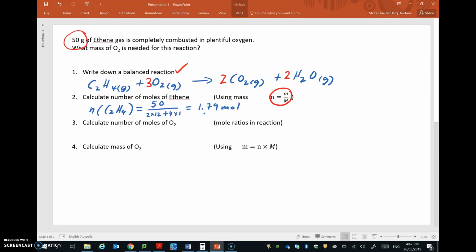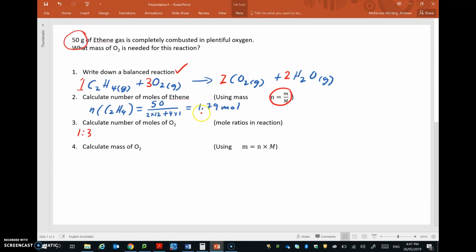Okay, so we've got the number of moles of ethene. What we're interested in though is oxygen. So we're going to use this to calculate the number of moles of O2. So that means looking at the mole to mole ratio of ethene to oxygen. Can you figure what that is? So there's an invisible 1 in front here. So that means the ratio is 1 to 3.